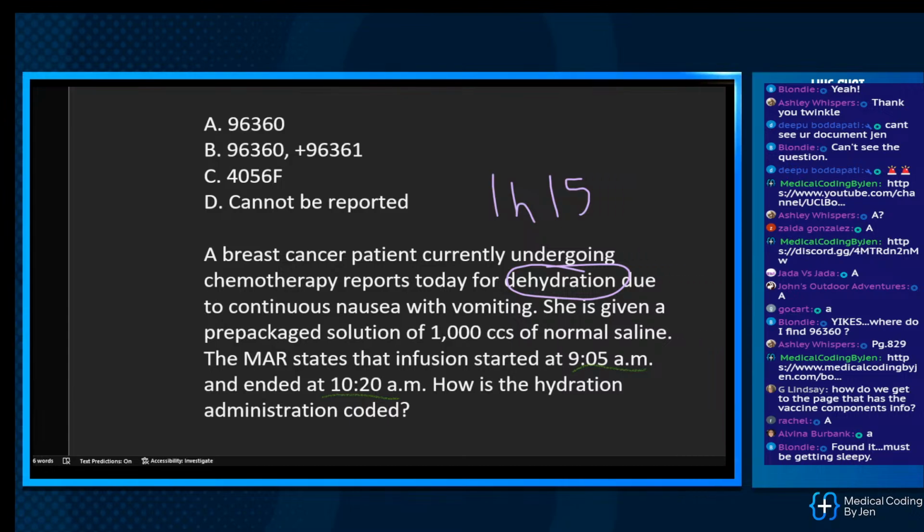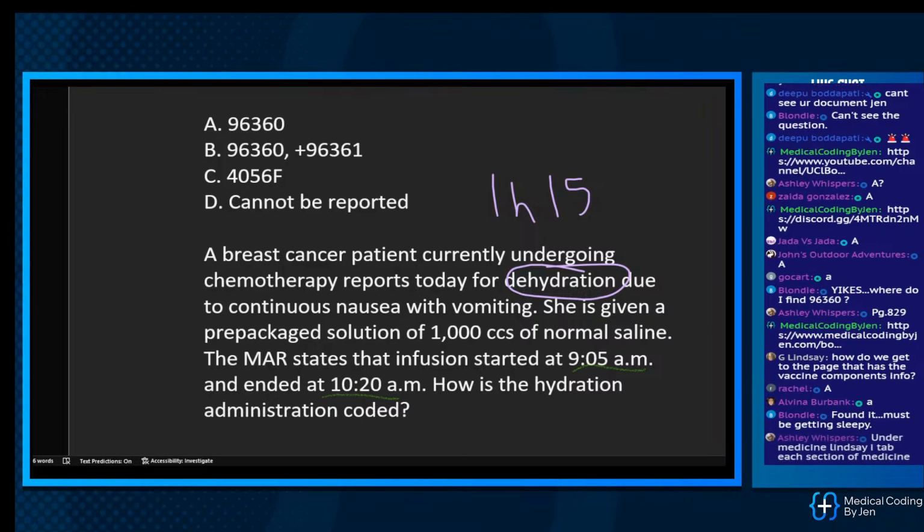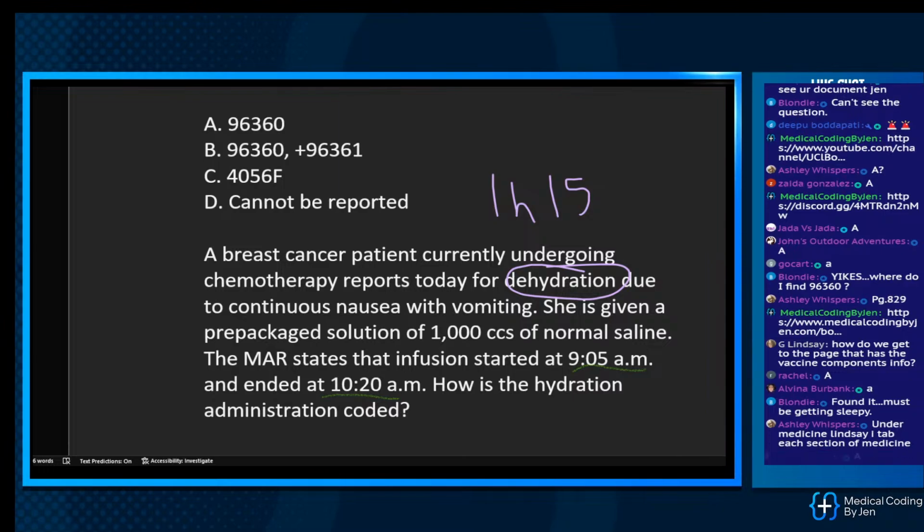I like to do all cardiology and then E&M, or all muscles and skeletals and integumentary. Half your battle is just practicing getting to the codes, and that will definitely help you out. Even if you didn't try to answer the questions, just getting to the codes is super helpful.